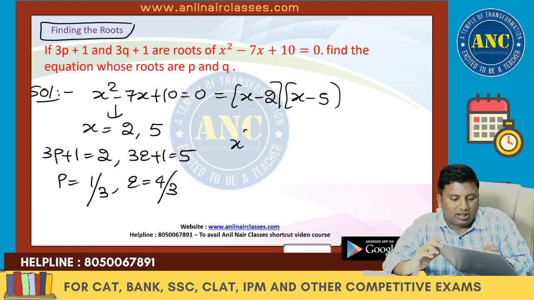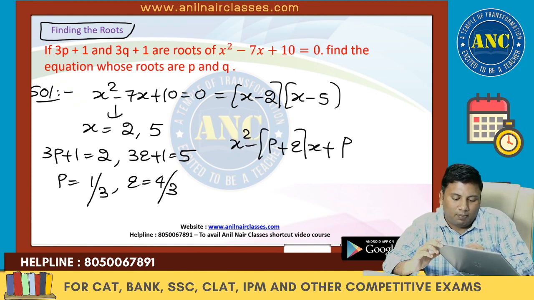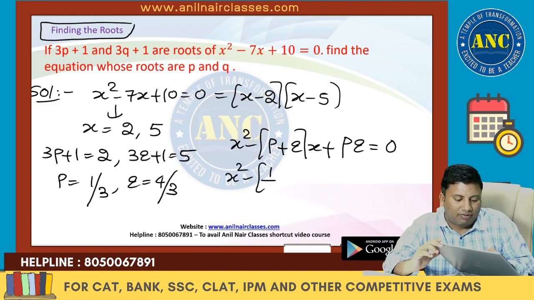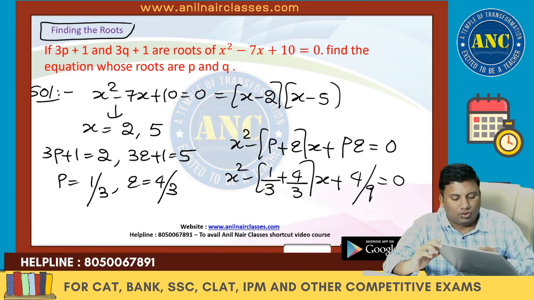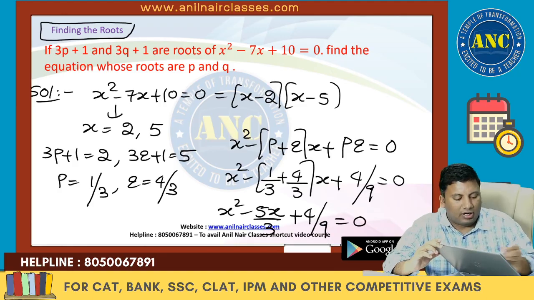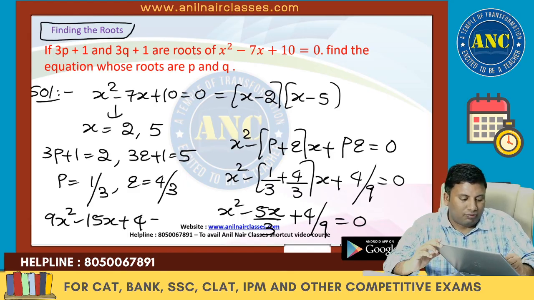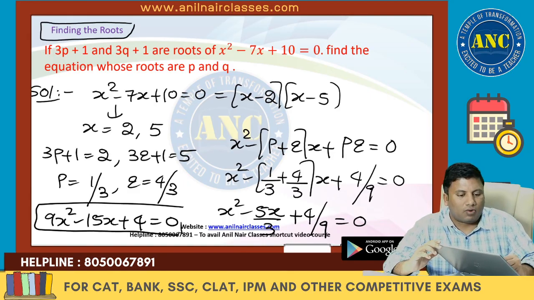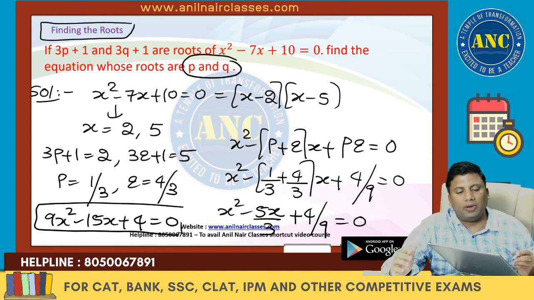So the answer is x square minus (p plus q)x plus pq equivalent to 0. x square minus (1 by 3 plus 4 by 3) into x plus 4 by 9 equivalent to 0. x square minus 5x by 3 plus 4 by 9 equivalent to 0. 9x square minus 15x plus 4 equivalent to 0. This is the quadratic equation for the roots p and q.